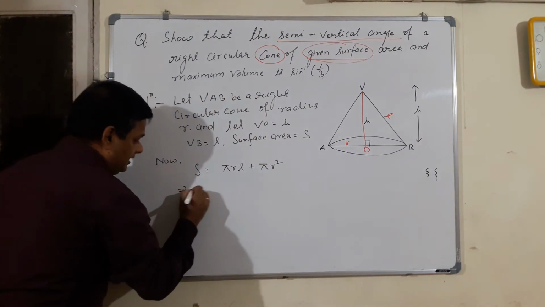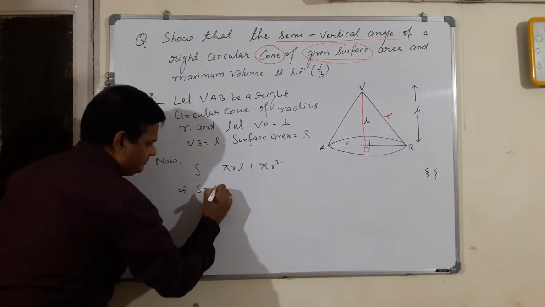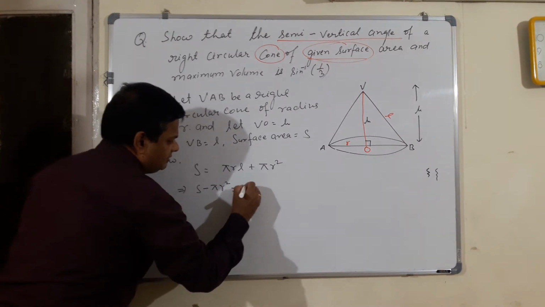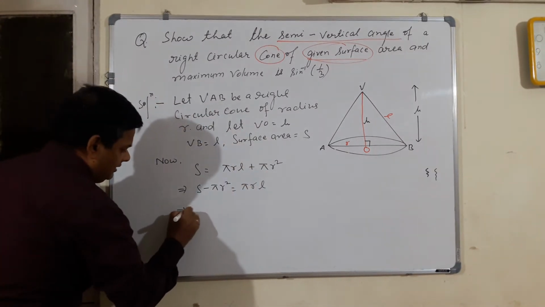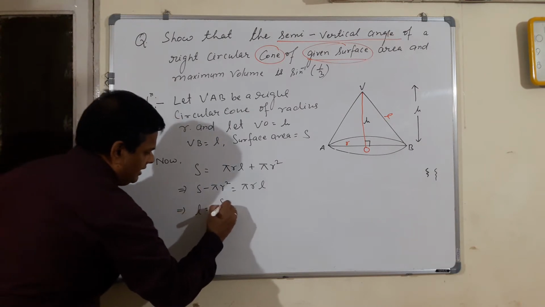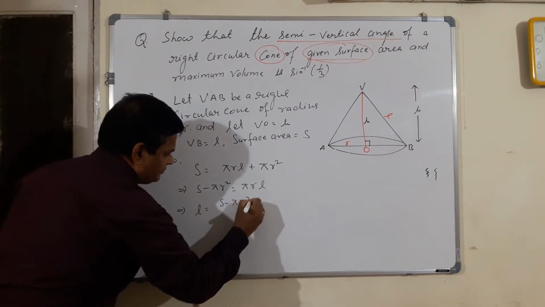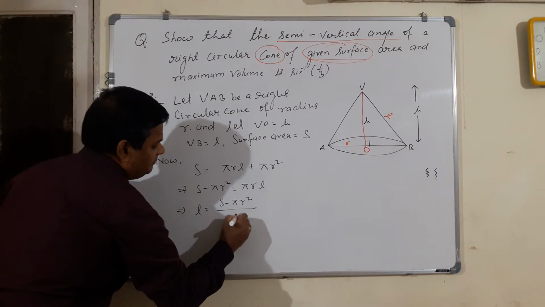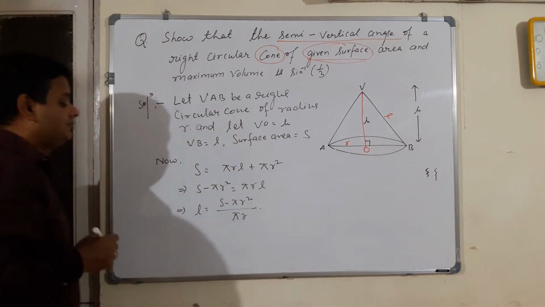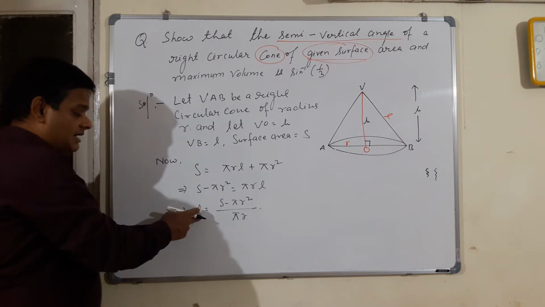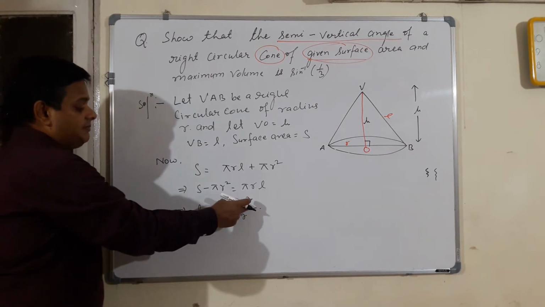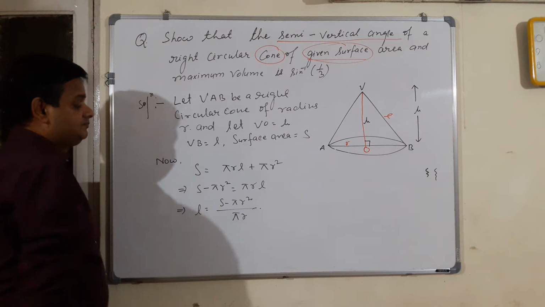So S minus pi R square is equal to pi R L. So L is equal to S minus pi R square divided by pi R. You got the slant height.